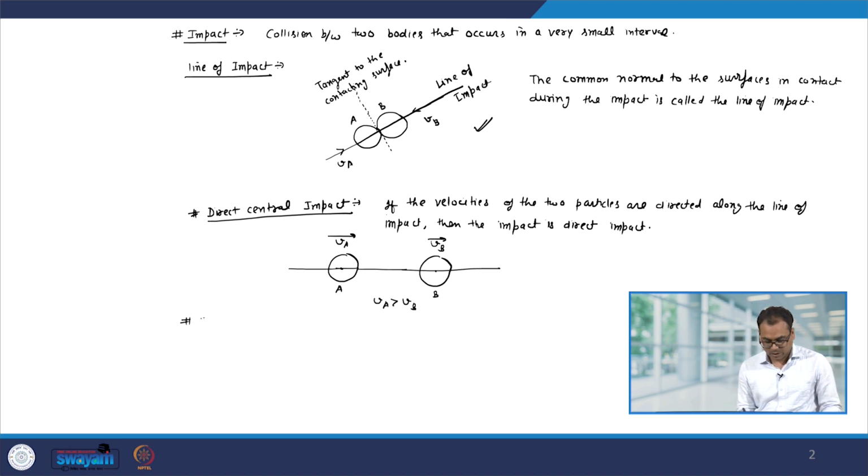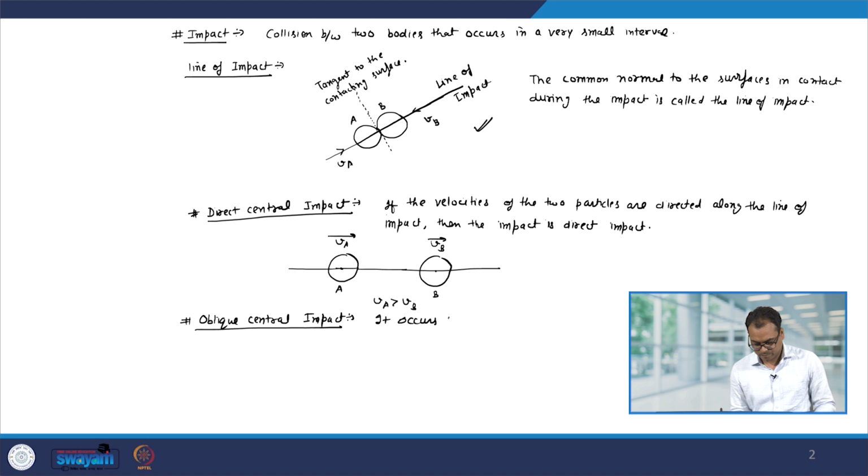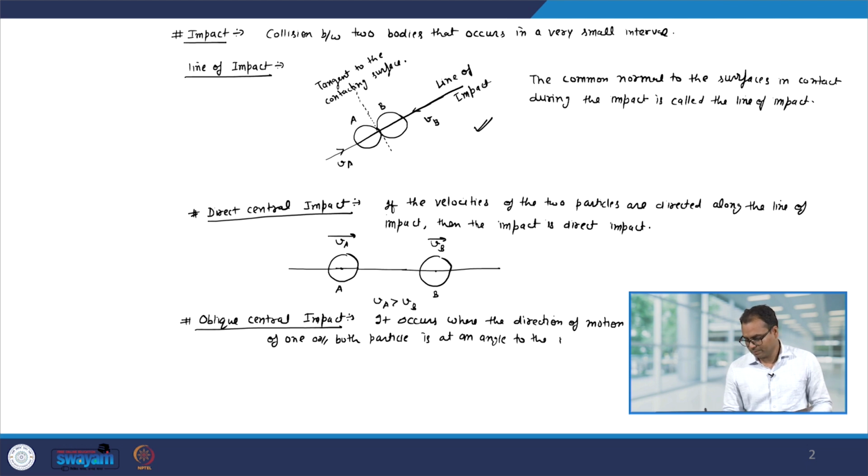Now, let us look at the oblique central impact. It occurs when the direction of motion of one particle or both particles is at an angle to the line of impact.